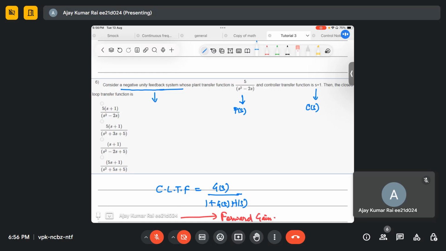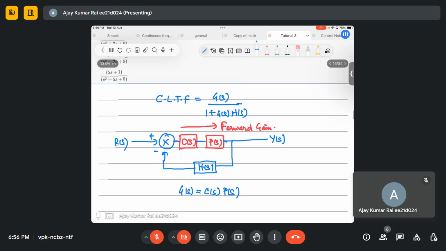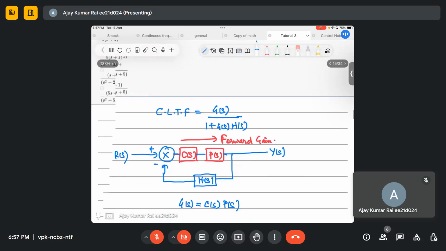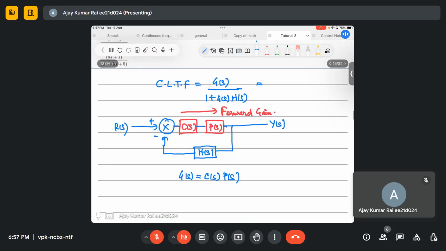So what does it mean? Unity feedback is H equal to 1, right? So this is H equal to 1 and we have to find the closed loop transfer function.